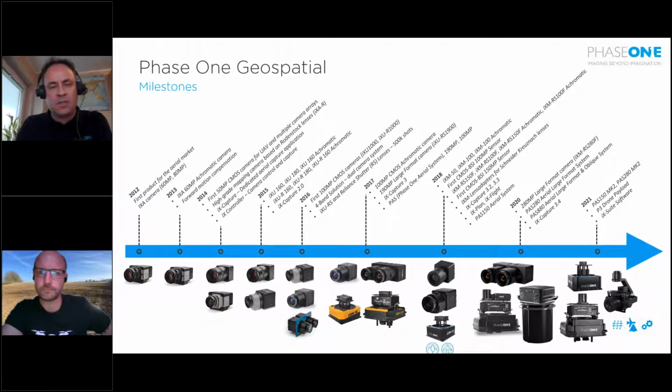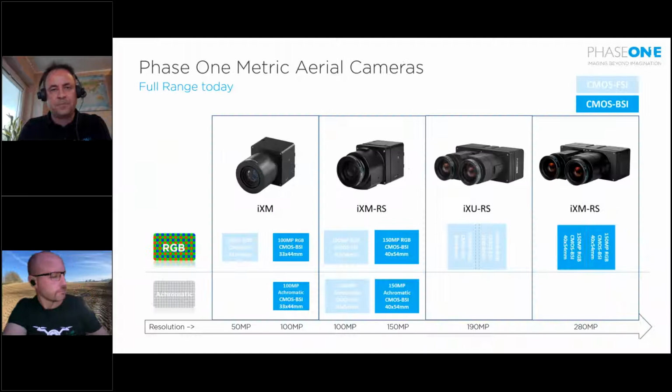These systems are dedicated for manned aviation. Then we also started recently an integrated system for a drone payload. We call it the P3 drone payload, and this is the latest addition to our portfolio and offers easier integration of phase 1 IXM cameras to DJI or Mavlink-based drones.